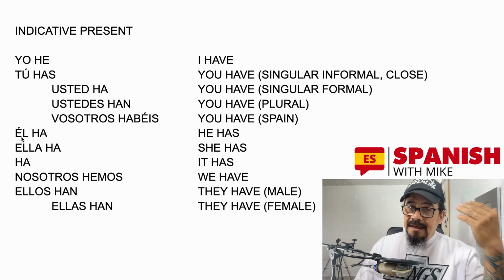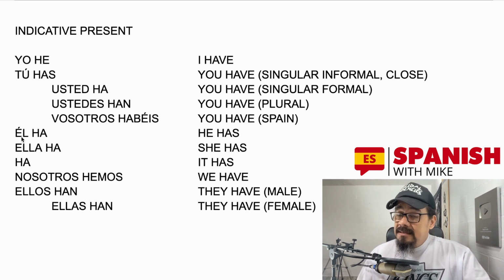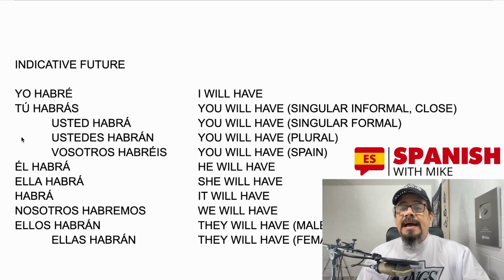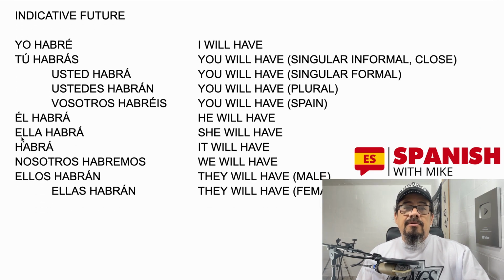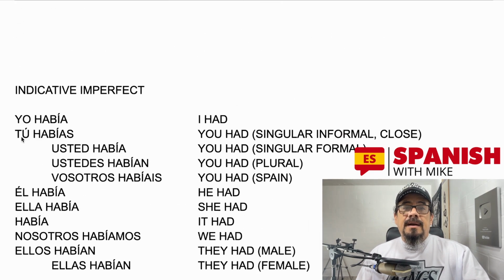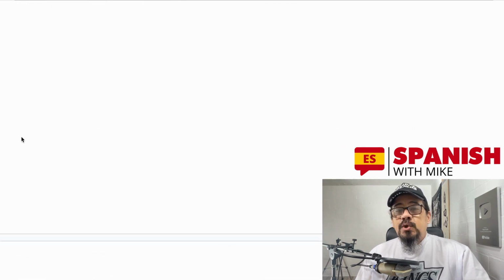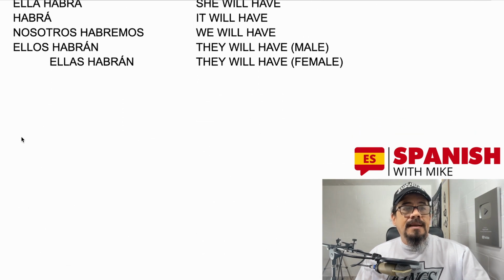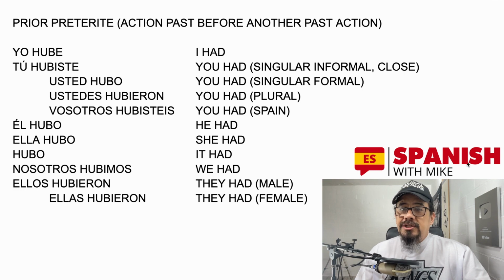This is the theory, and we will have further classes, live classes, I hope, in which we're going to do exercises, building sentences. But remember, these are basically irregular verbs, and we need to learn them by heart.